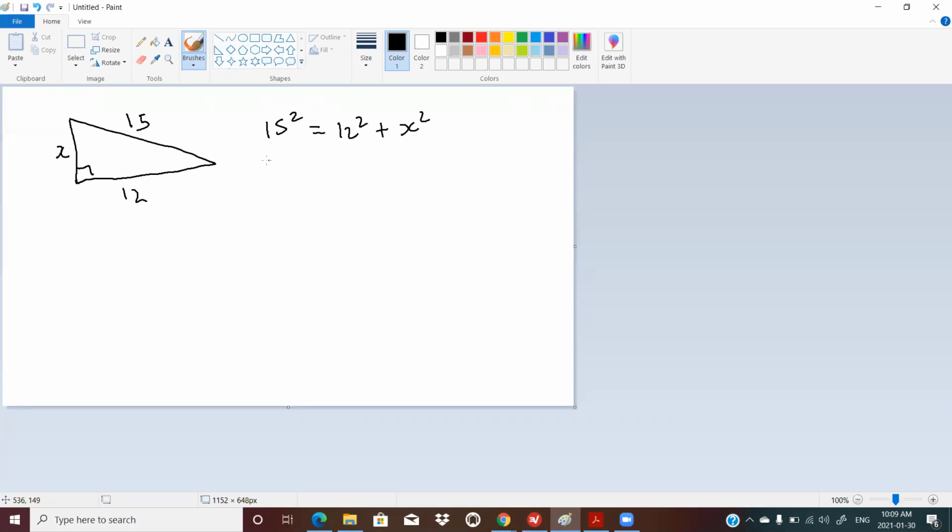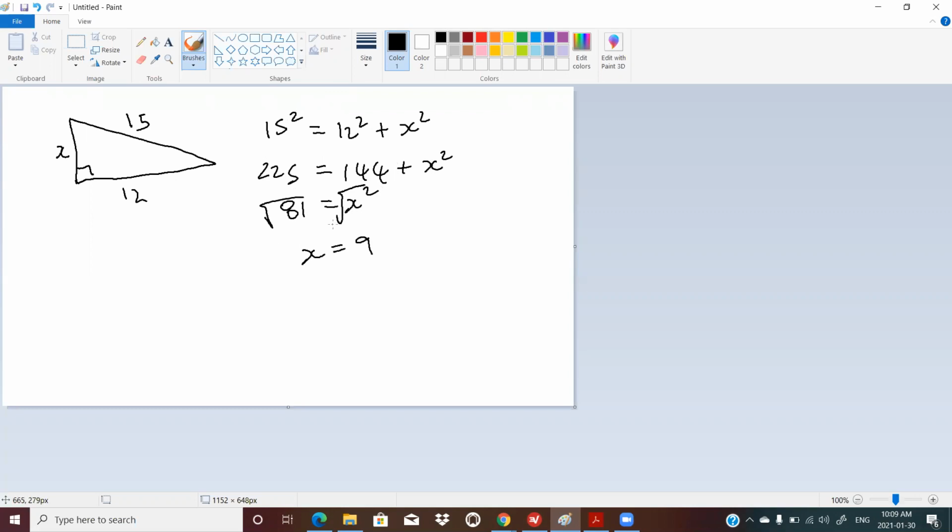It's 225. And 12 squared is 144. So you want to isolate the x squared now. So you subtract, you get 81. And then you take the square root of both sides. So x is equal to 9.